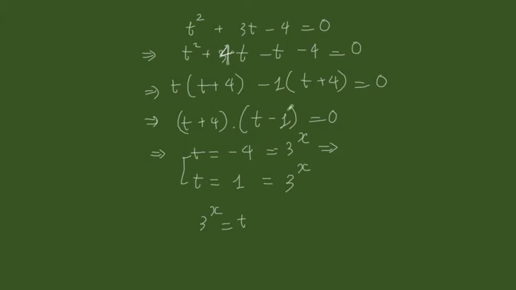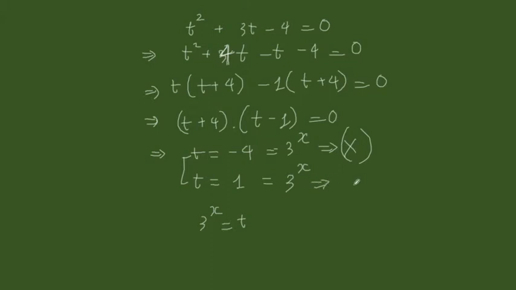So I will skip this one and not care about it. I just care about the power number with a positive value. So I have 3 power x equal to 1 in the second case, so I can use exponential knowledge to solve this one.